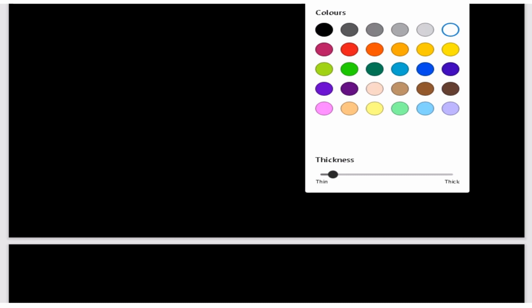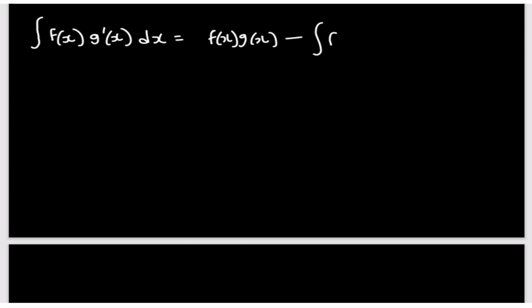Okay, so it says if I have the integral of two different forms, f of x g prime of x dx, my answer will be f of x g of x minus the integral of f prime of x g of x dx. That's my answer. So you have to identify first whether your question has two different equations.